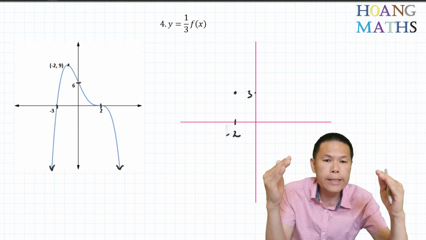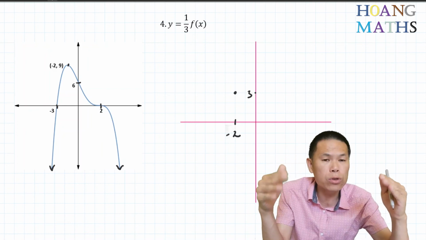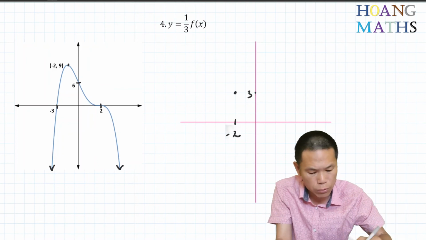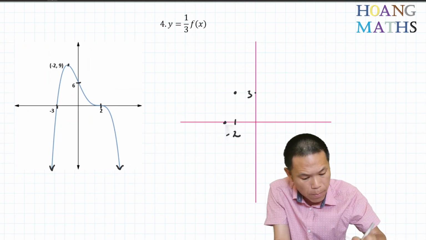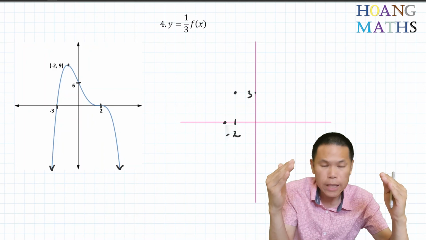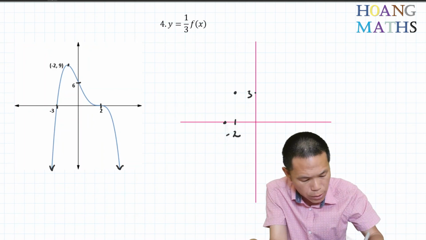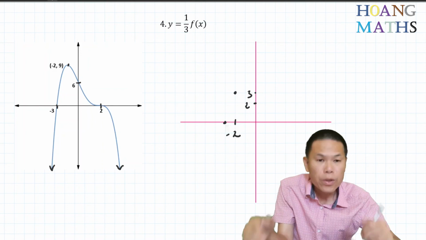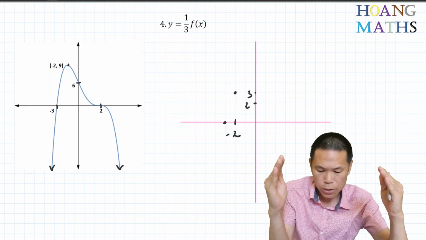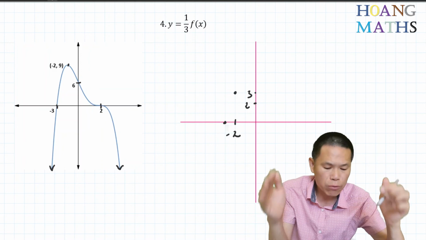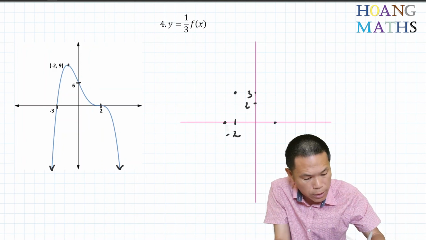And then the x-intercept is negative 3, 0. So 1/3 of 0 is still 0, so the x-intercept is the same. And then the y-intercept is 6, so 1/3 of 6 is 2. So this is 2 here. And the point of inflection is 2, 0, so 1/3 of 0 is still 0. So 2, 0 is the same.